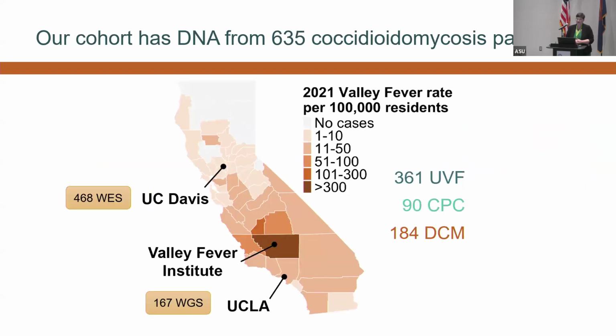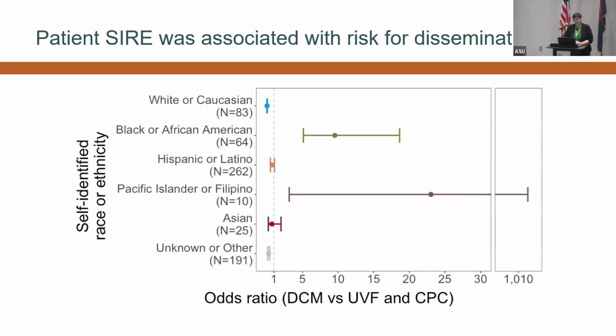In order to answer that question, we've collected a cohort of 635 patients. 361 of them have uncomplicated disease, 90 have complicated pulmonary disease, and the other 184 have disseminated disease. We have very similar results when we make the same odds ratio chart with our data.